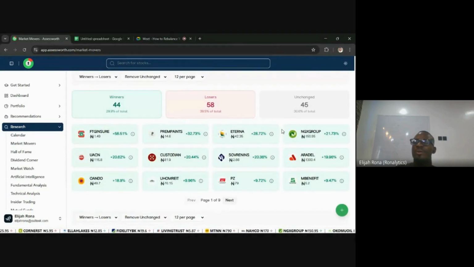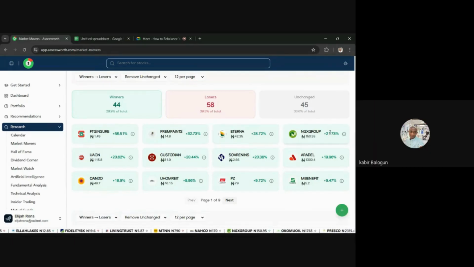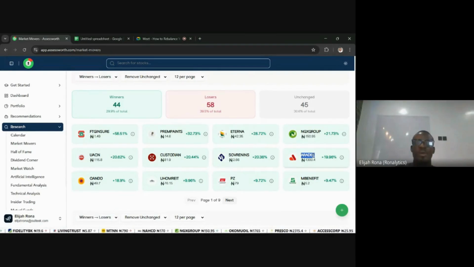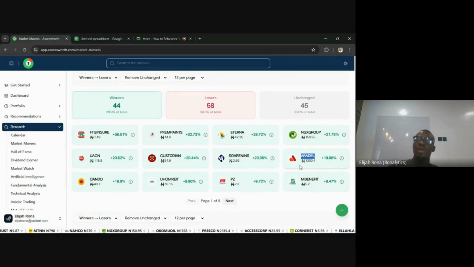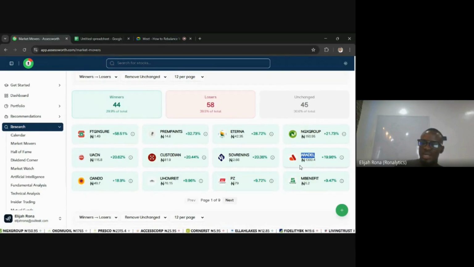So we are seeing Itana, NGX Group, Aradel, Oando. These are companies you know, Oando, Itana, that's our filling station, Aradel. When you see all these companies doing well in this period, you may want to jump right in to buy, not knowing that the gains may be short term or based on the news that is going on. So you do not want to take that risk.